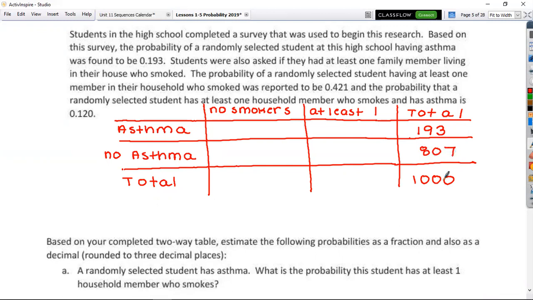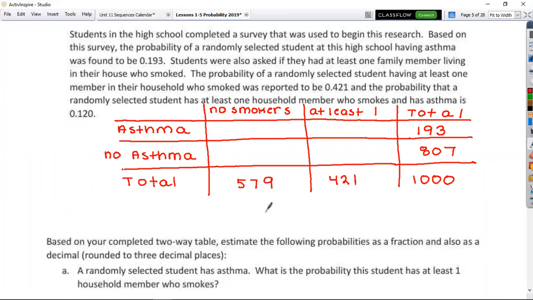Save you the word. Okay, now I keep going through my table. Next, the probability of a randomly selected student having at least one member in their household who smokes is 421. So what else can we find? Can't I go right to the left of that now? 1,000 minus 421 is beautiful. So build it as you go.